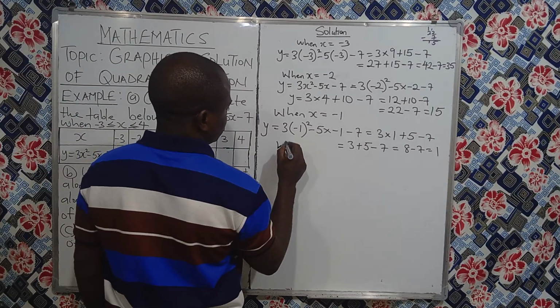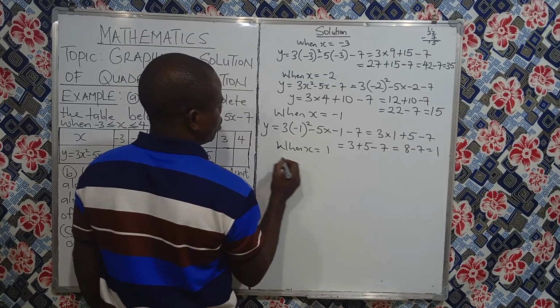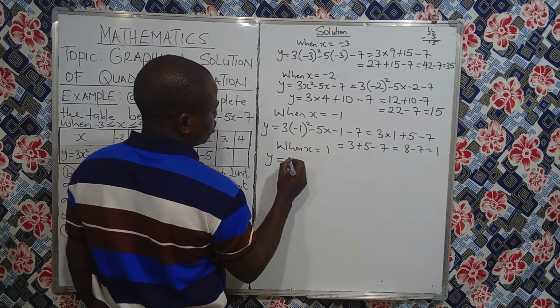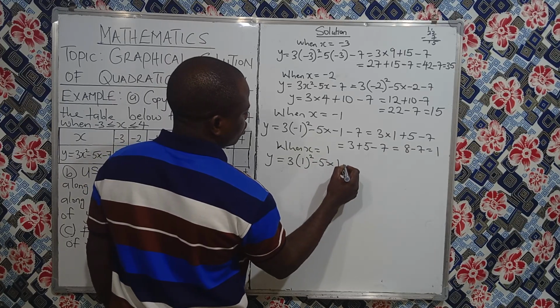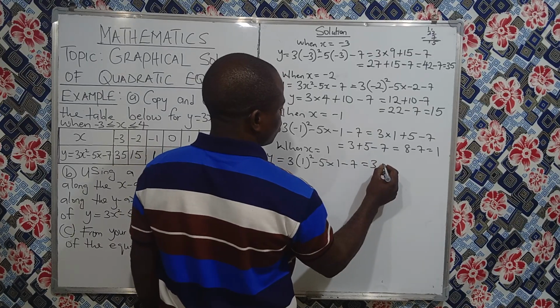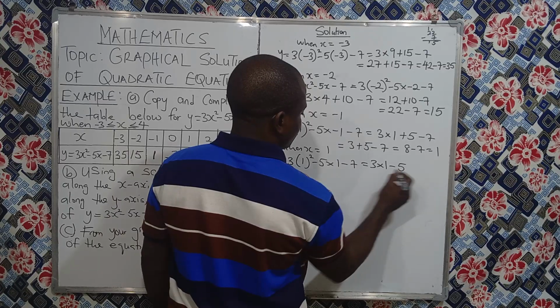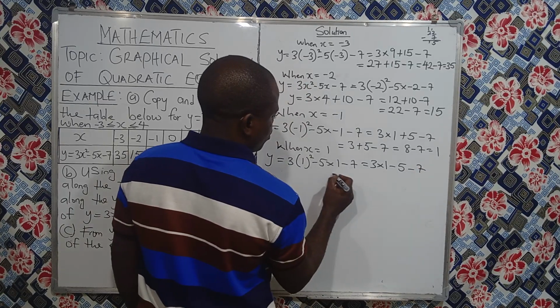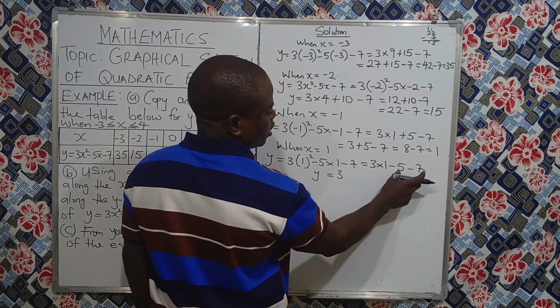When x equals 1, let's see our y equals 3 times 1 squared minus 5 times 1 minus 7. 1 squared is 1, so 3 times 1, that's 3. Minus 5 times 1, that's minus 5, minus 7. Let's add the negatives together.